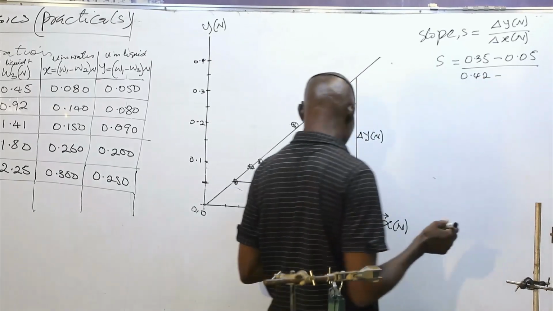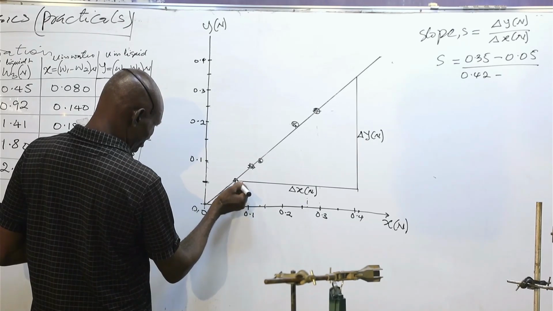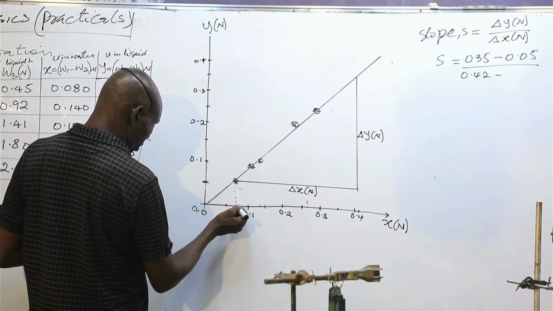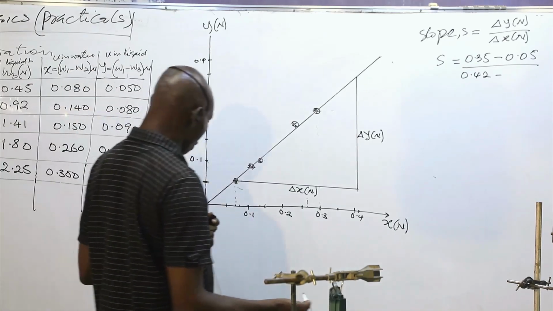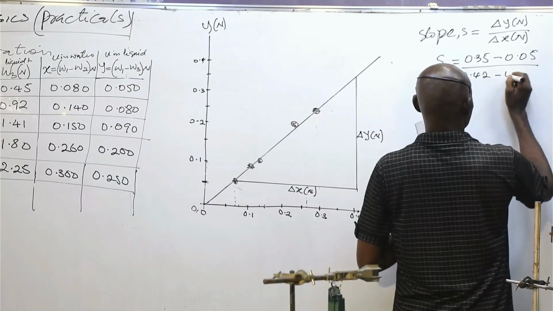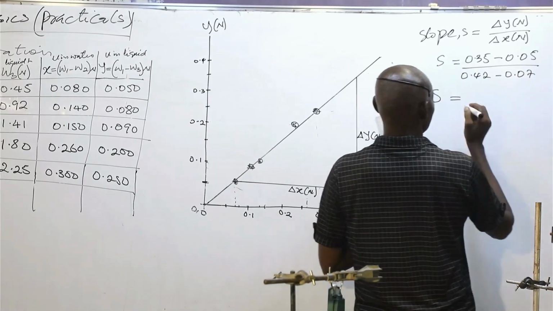0.42 minus this place, which gave me exactly, this is 0.05, maybe 0.07. So I can now determine my slope.